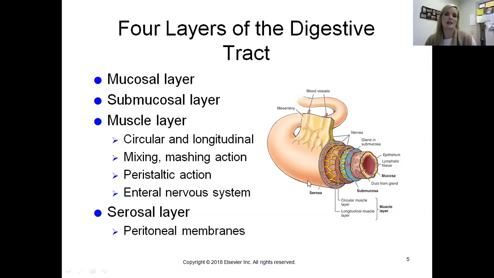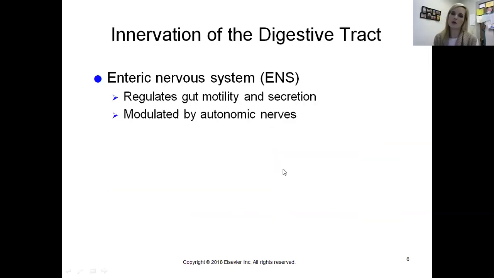So this outside layer, you can refer to as the serosa, or again, you can refer to that as the peritoneal membranes. If I ask you guys something about that, that's what that's referring to, just that outer layer. So those are your 4 layers of our digestive system: the mucosa, the submucosa, the muscle layer, and then you have the serosa.